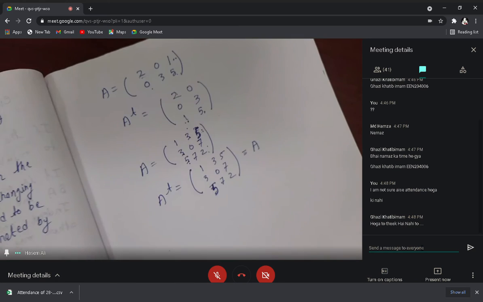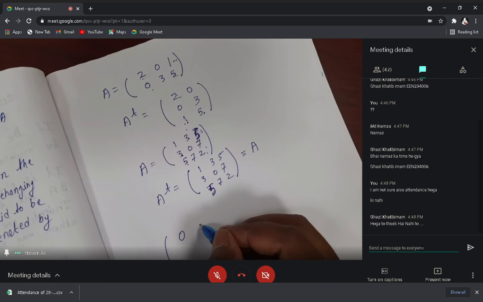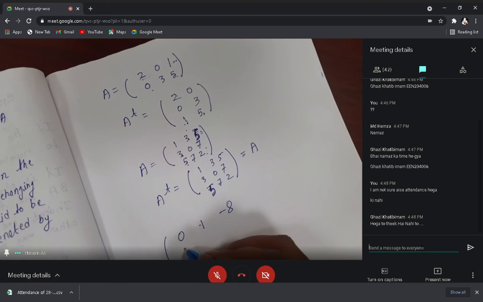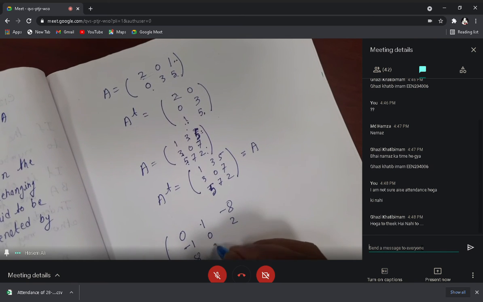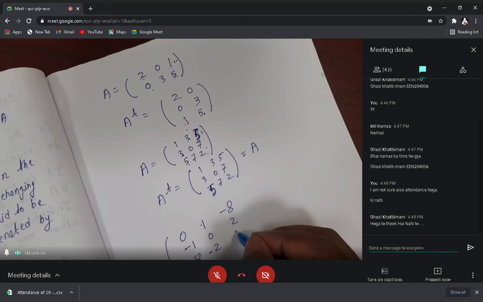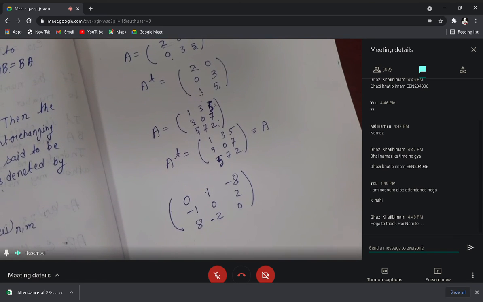So let me give an example. Let the matrix be 0, 1, minus 8; minus 1, 0, 2; 8, minus 2, 0. This is an example of a skew-symmetric matrix.